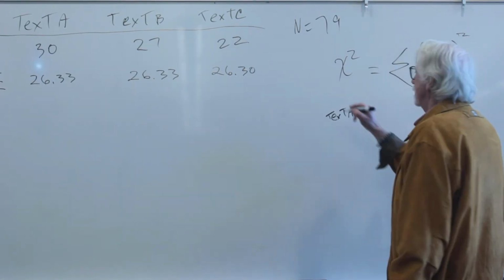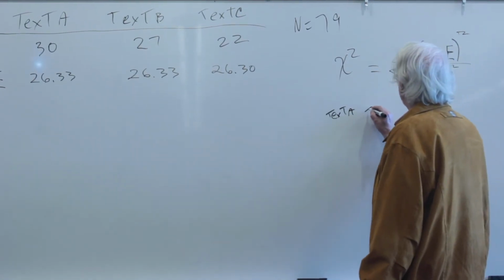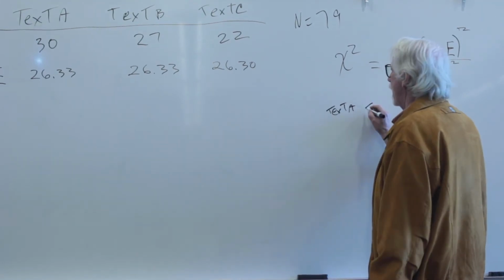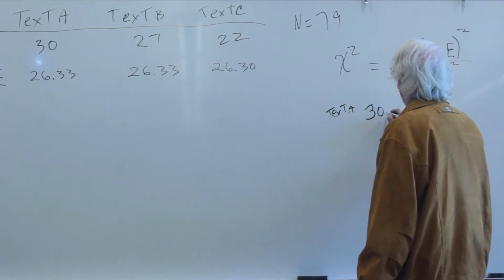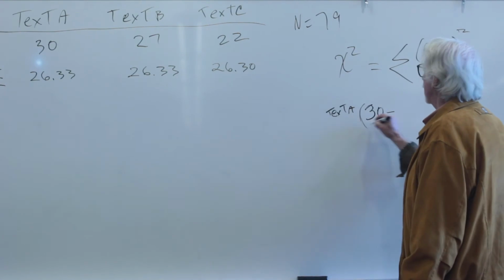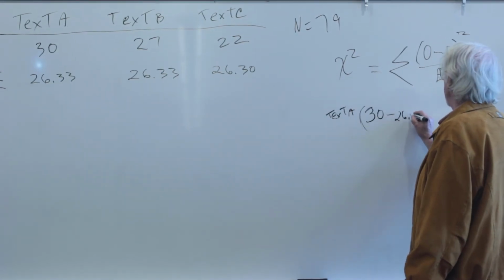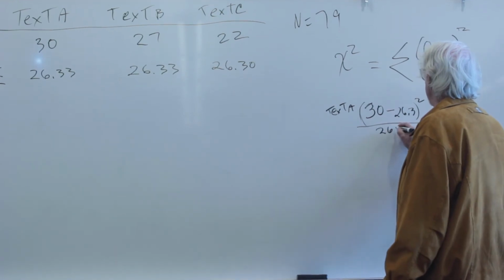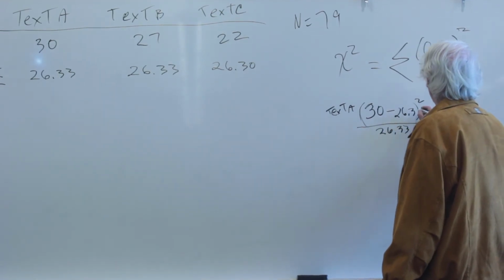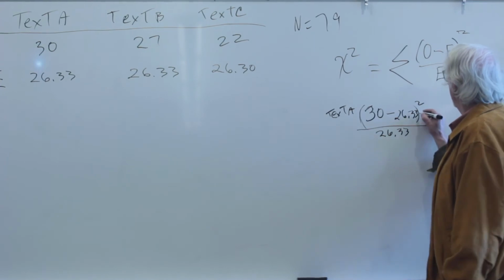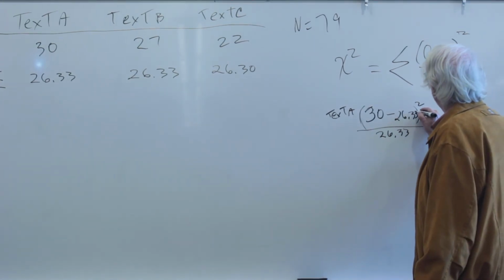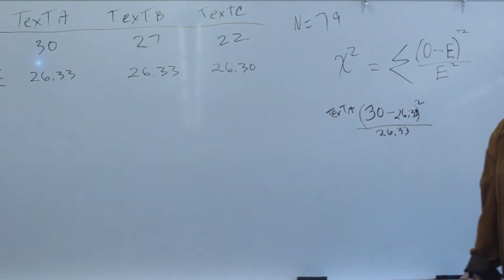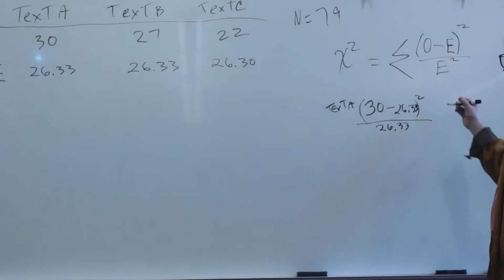For text A, we have our observed value of 30 minus our expected value of 26.33, squared, over our expected value of 26.33. I know it doesn't look like a 3, but it is.